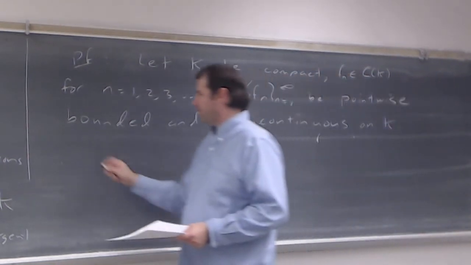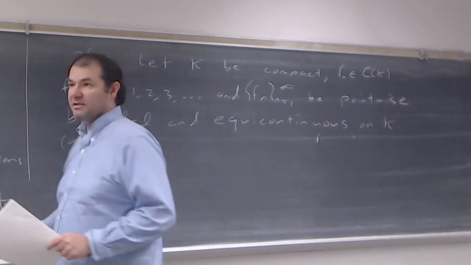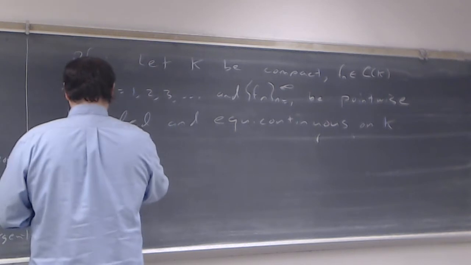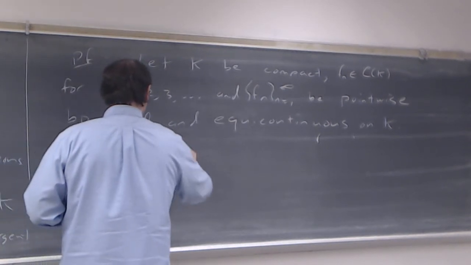Okay, for part A, where we're trying to show uniform boundedness, what we're going to do is let epsilon be equal to 1.